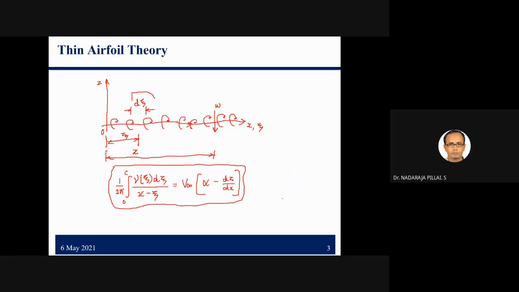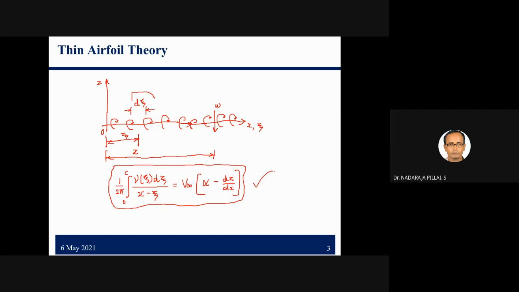So we started with the thin airfoil theory, and we know this relation, right? This relation is common for every case, whether it is symmetrical or cambered, and we will utilize the same relation now for the cambered airfoil.